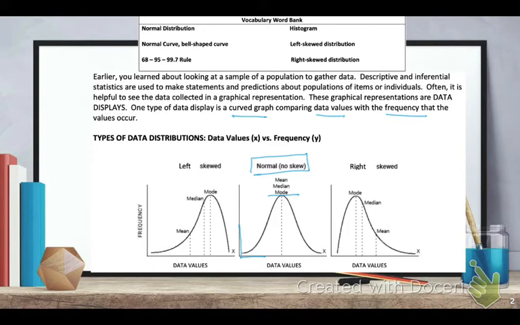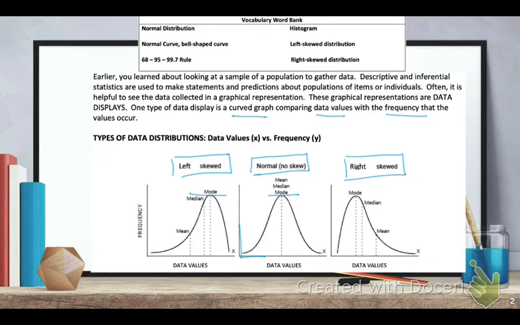We also have examples of curves on the left and the right side of the normal curve. On the left you will see a left skewed data curve, and that's where the majority of the values pile up at the upper end of the data values. And then we have a right skewed data distribution, and that's where most of the values pile up in the lower end, or the left side.